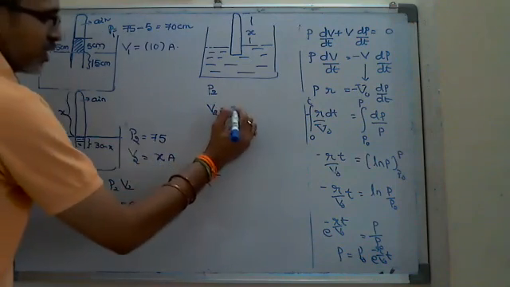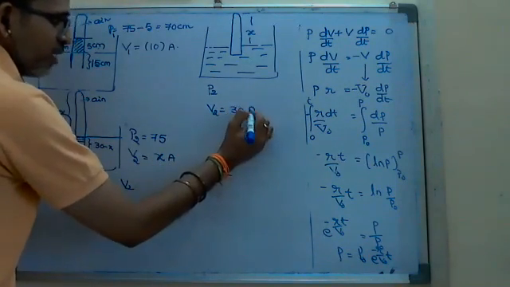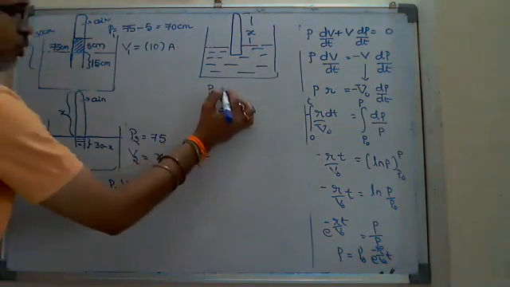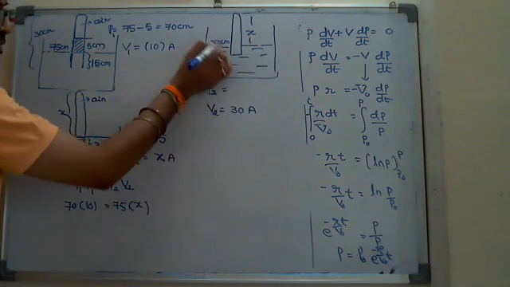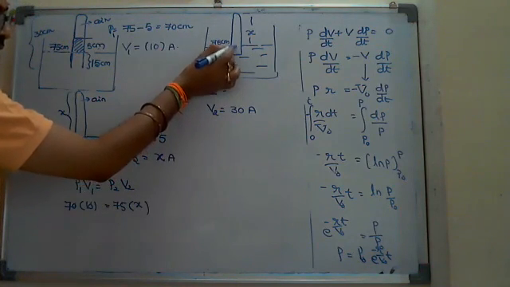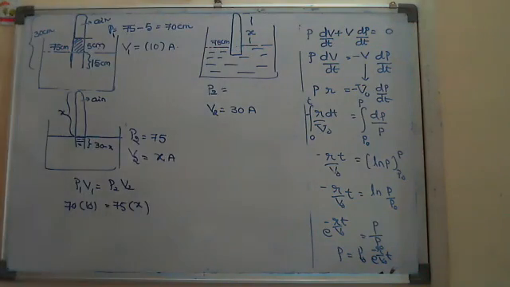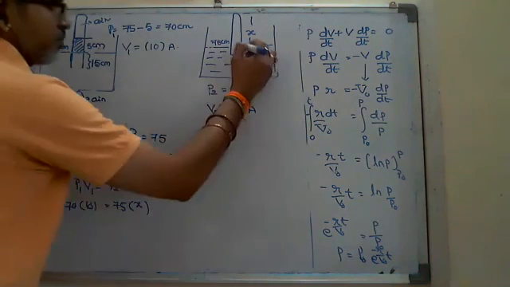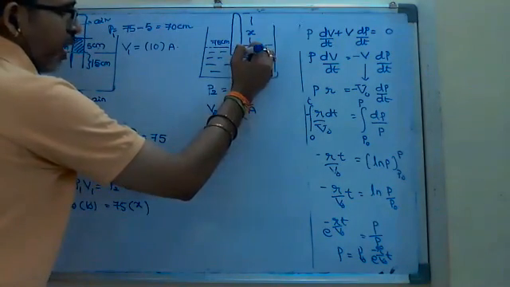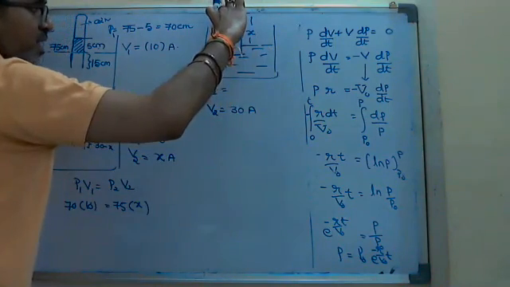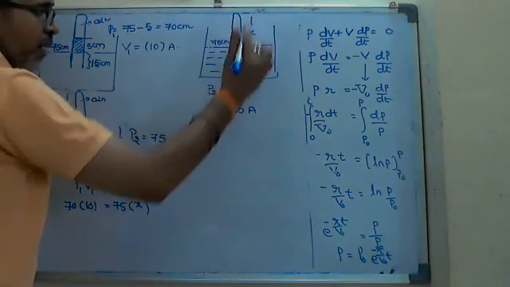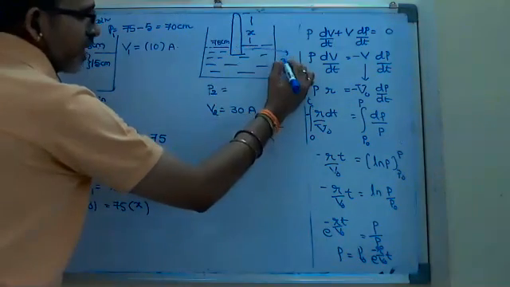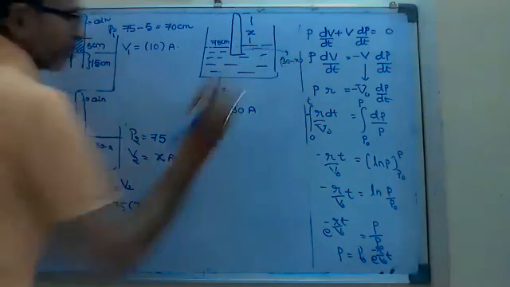So I have to write 30 into area of cross section, equal to P2. Look at outside, 75 centimeters. Now the level dropped down. Drop down means this part I don't know, but the total is 30 and this part is x. So the remaining part inside the tube is 30 minus x.